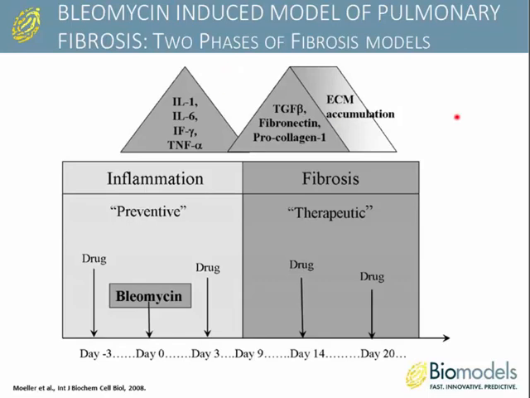And while inflammation is present throughout the model, at about 7 to 10 days, you start seeing some of the profibrotic pathways being upregulated, including TGF-beta, fibronectin, and procollagen 1. And this will persist until the end of the study, and more towards the end, we'll see extracellular matrix accumulation. So when you think about these fibrotic disease models, you see initially an inflammatory phase followed by a fibrotic phase.